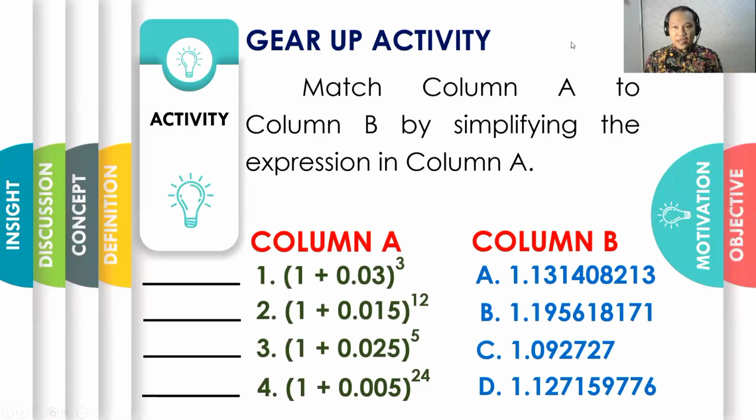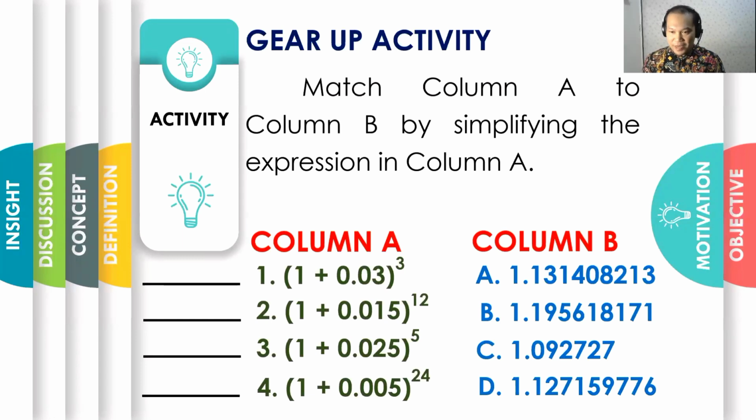Let us now check if our answer is correct. Remember, we are going to simplify the expression in column A by applying the concept of the exponential function that we already learned, and then match your answer to column B by writing the letter that corresponds to your answer.